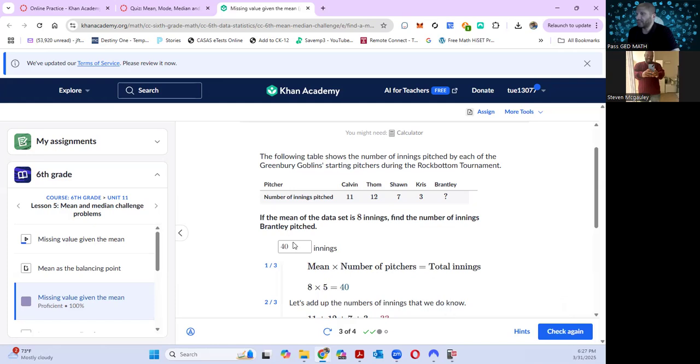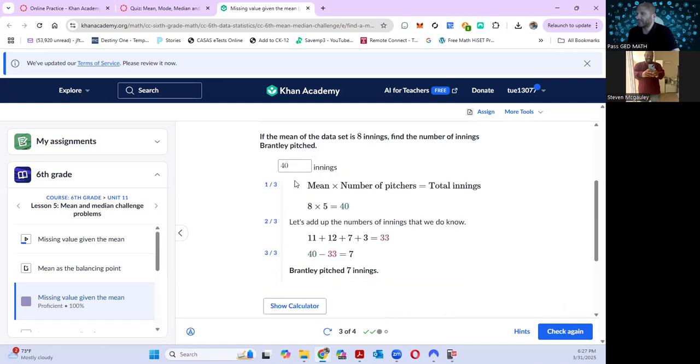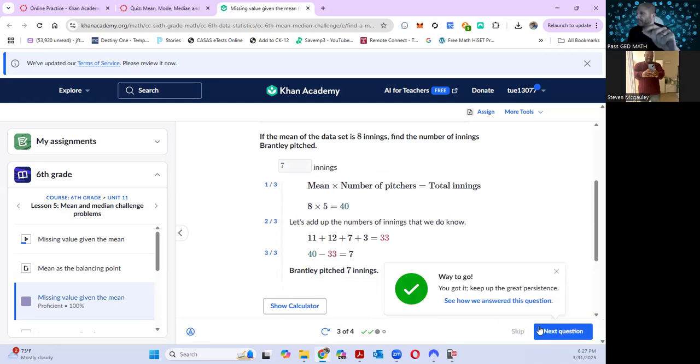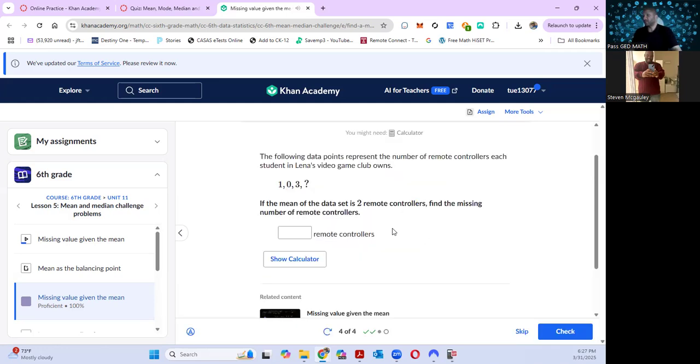So, find the missing value given the mean. I want to show you something. One of the most missed questions is this: find the missing value given the mean. So this is what we're going to do.